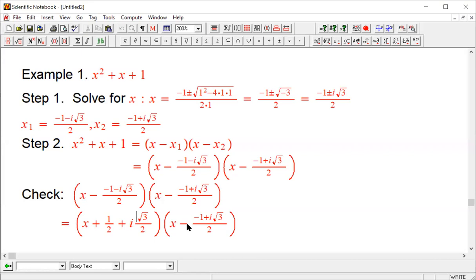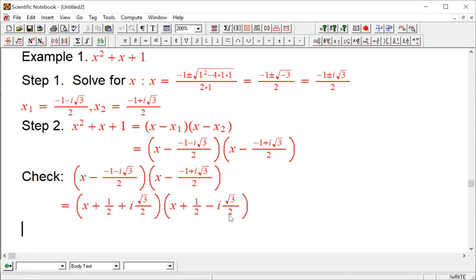The same thing here, so that's going to be x plus half minus i times root 3 over 2.